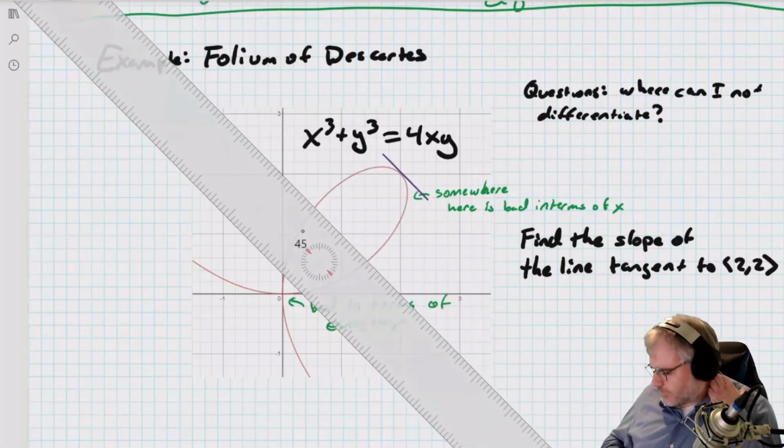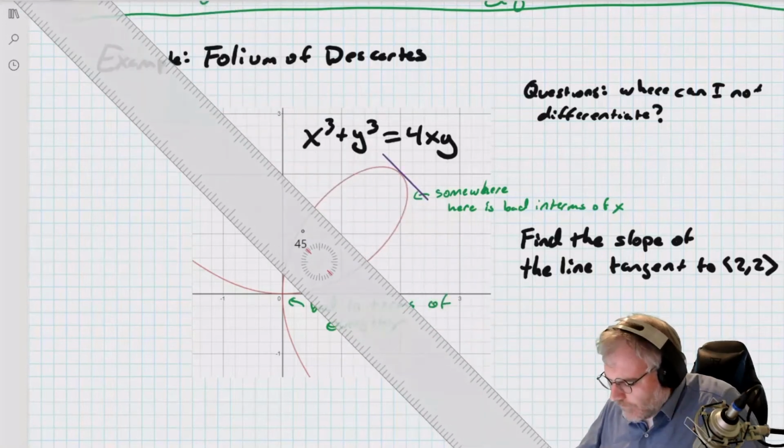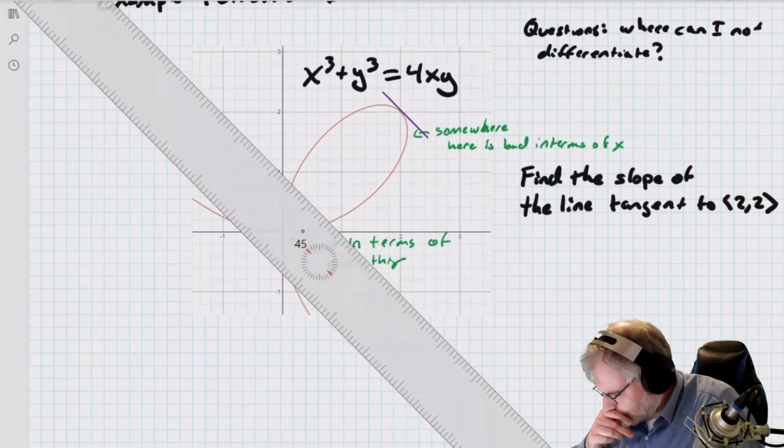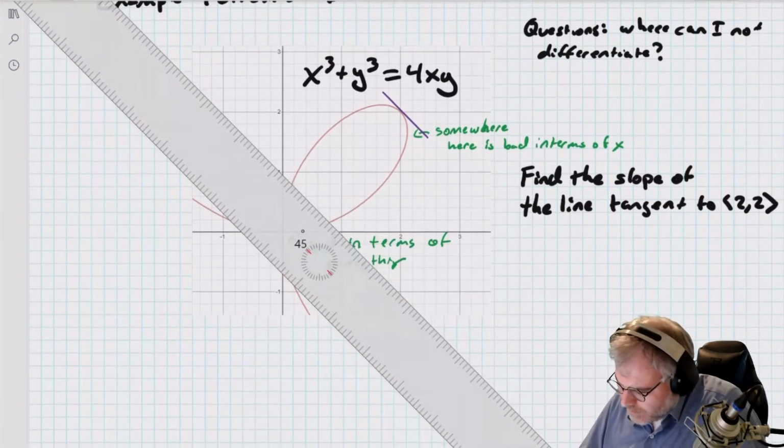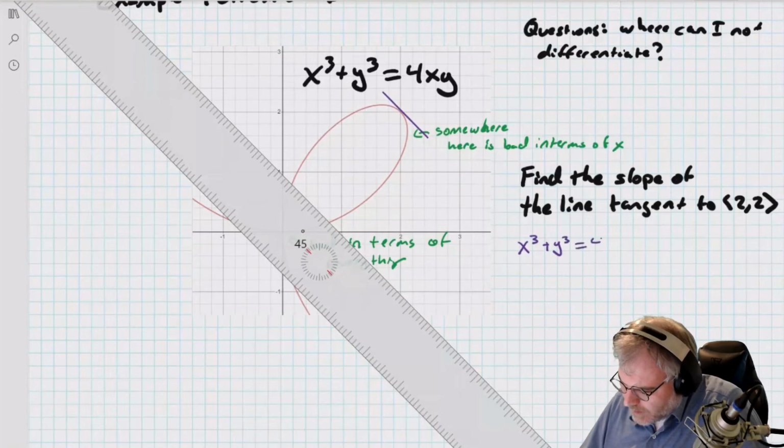Okay, so what am I going to do? Well, I've got x cubed plus y cubed equals 4xy. So I'm going to take the derivative in terms of x of both sides.